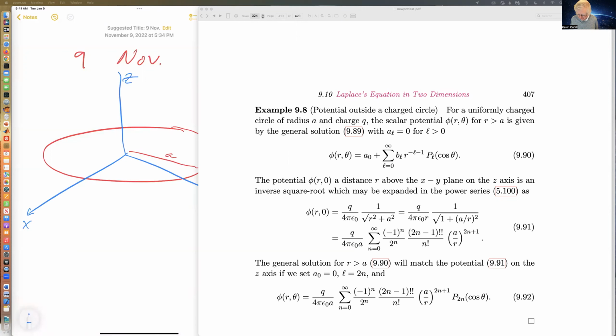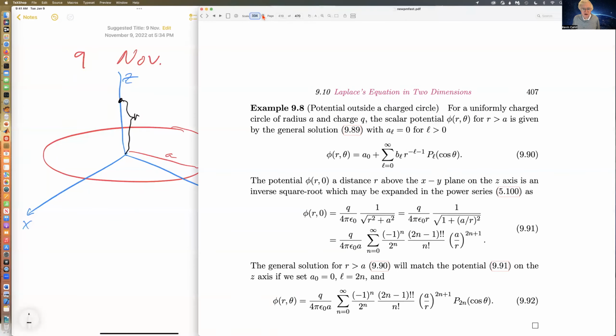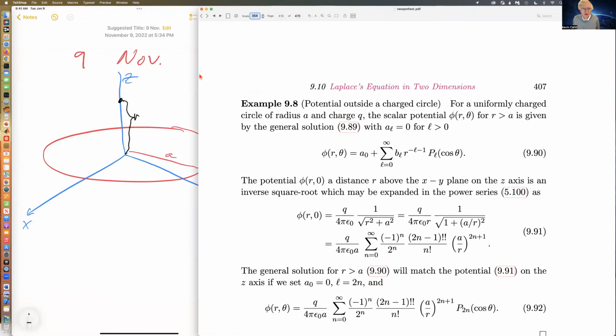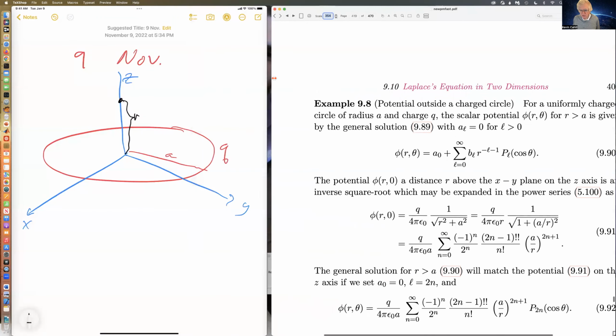And if we're at distance r, so let me maybe switch to black now. So we're at a point here that's a distance r up the z-axis. And what's the potential at that point? Well, that is given by this equation 9.91.